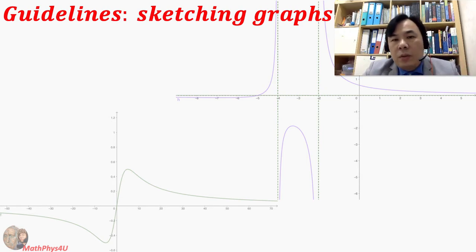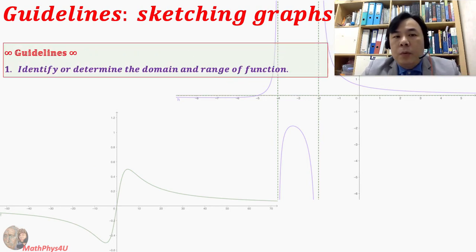Of course, in the future, if you want to explore more, in particular the section of the graph itself, you might want to include some other extra guidelines, but these guidelines will be sufficient for your exam purpose. So the first guideline is to identify or determine the domain and range of functions where necessary.